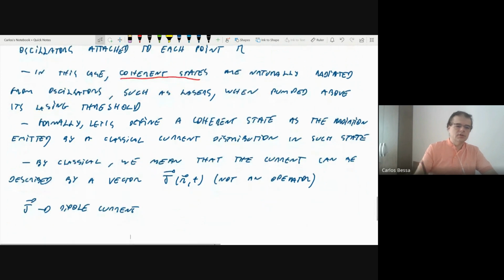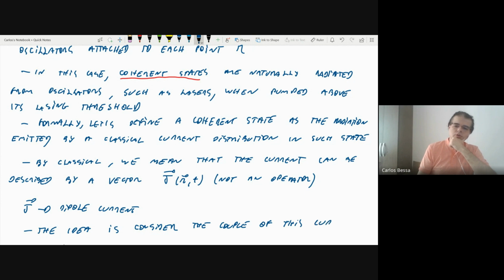And the idea is to consider the coupling of this current to the vector potential operator.